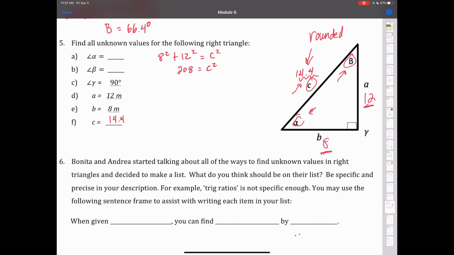So thinking about our trig functions, which trig function has both the opposite and adjacent sides? Well, SOHCAHTOA. TOA is the answer, so we have opposite over adjacent, and that's tangent. So we will say tangent of alpha is equal to 12 over 8.